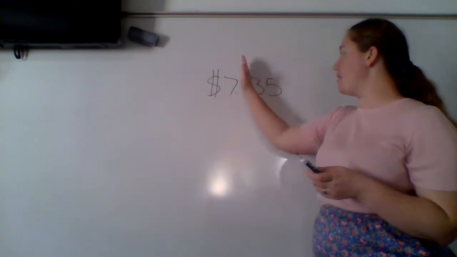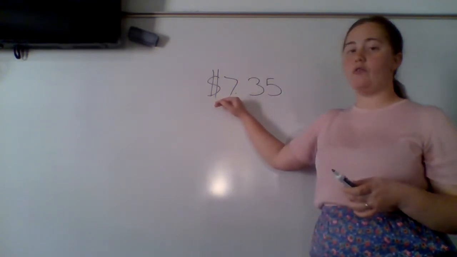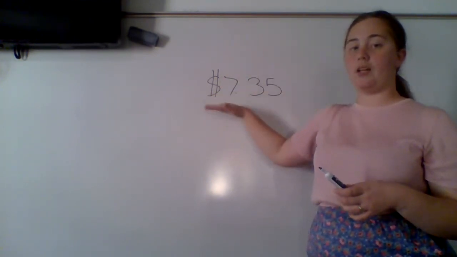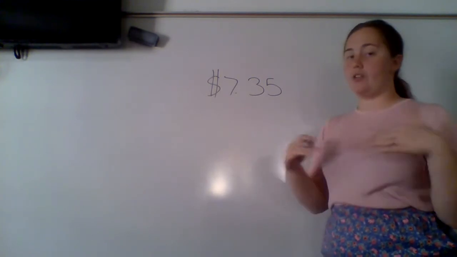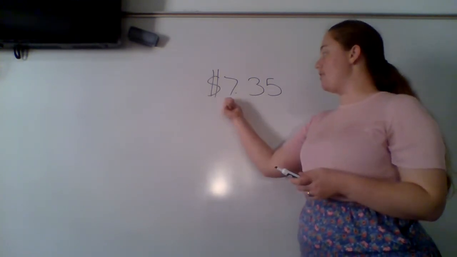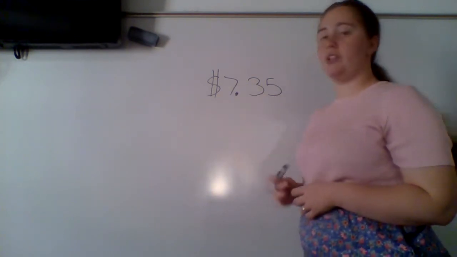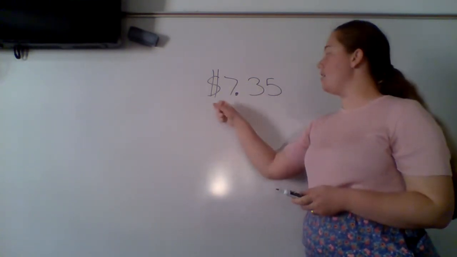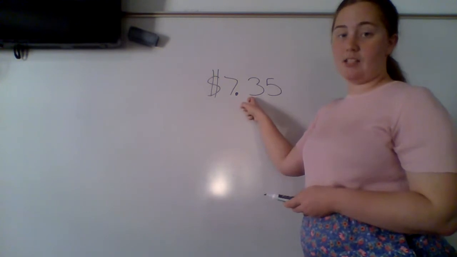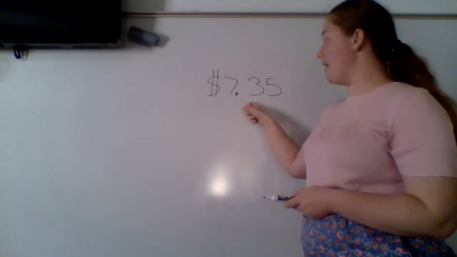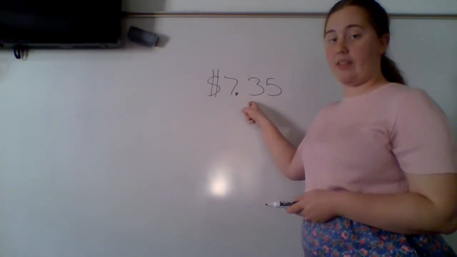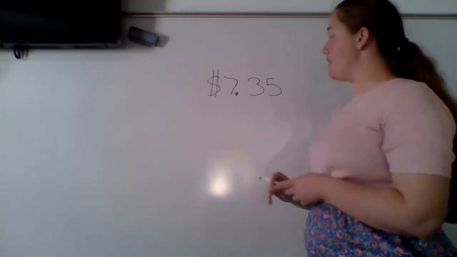We want there to not be any cents, but I need to either round this up or keep it at $7. The way that we're going to do that is we have the $7. I don't know if you can see, but my decimal point's right there. I'm going to look at my tens place of my cents. That's 35 cents. So I'm looking at that tens place in my 35 cents.